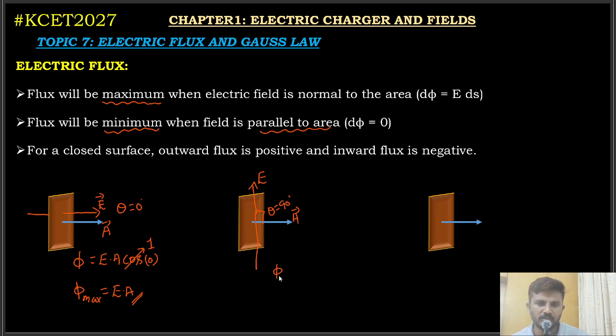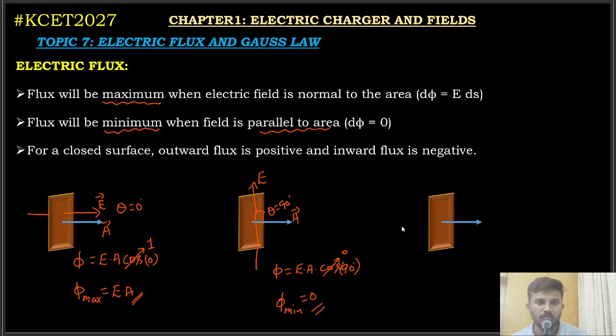So the flux is given by E into A into cos 90 degree. Cos 90 value is 0, therefore flux will be minimum, that is phi minimum is equal to 0.